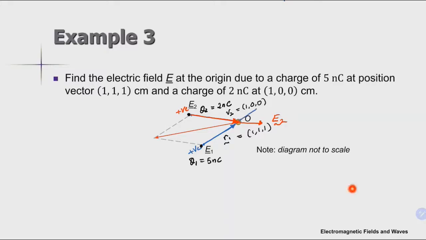And then my E field will be pointing in this direction. Then you work out E1 and E2, then you can do the vector sum of those two vectors, and then you get the total electric field at the origin.